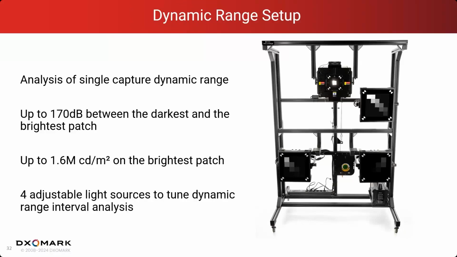And so what we saw in the IEEE P2020 automotive standard group is that the existing setups and solutions to measure dynamic range were not enough. So we decided to build a new setup. So let me show you now the live setup.